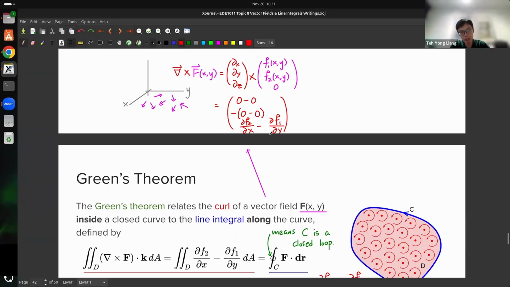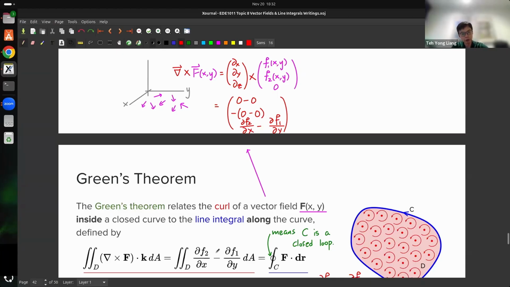Because there's only one direction, the z direction, pointing out of the plane, you are looking at this component. There are no other components for the curl, simply because your vector field is on the plane. It's a two-dimensional vector field, if you will.